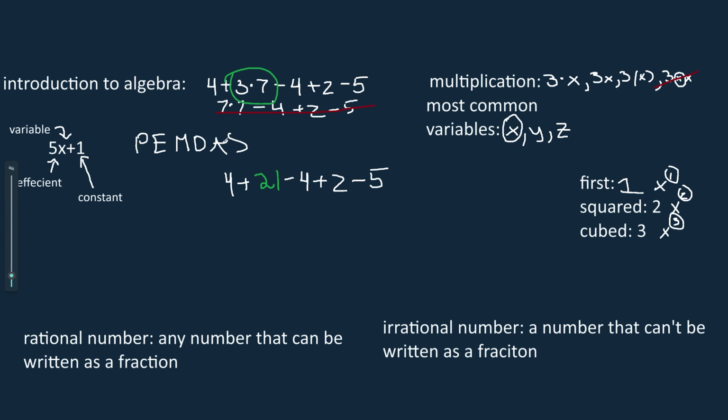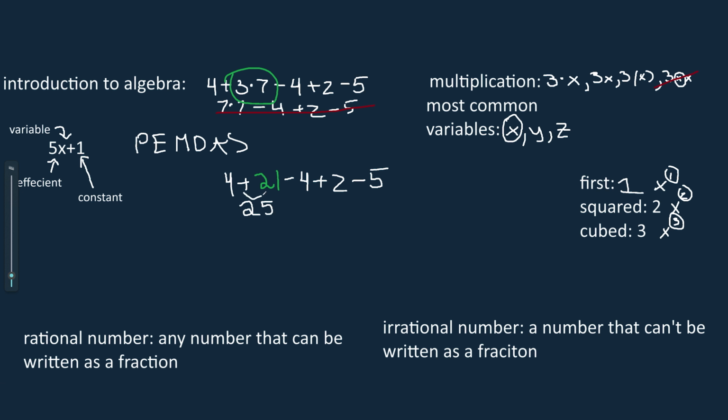Now, once we do this, we go all the way back to the P again. We don't have parentheses, we don't have an exponent, we don't have multiplication, no division. We do have addition, however, and subtraction. These are the last two, so we really don't need to look for anything else because we don't have any of the first four. So let's just do it now. 25.